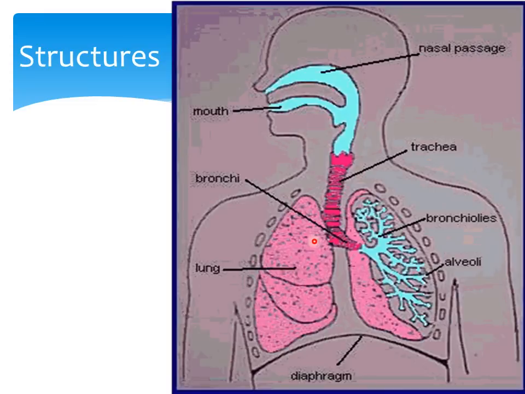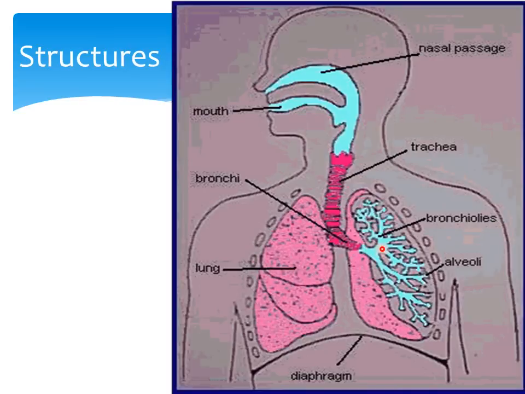The lungs are the major organ of the respiratory system. And inside the lung, the bronchi branch out into these things called bronchioles.